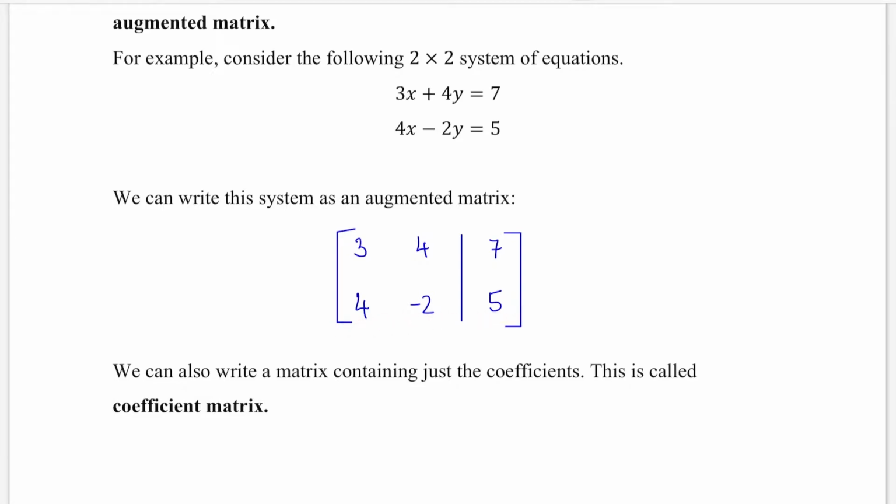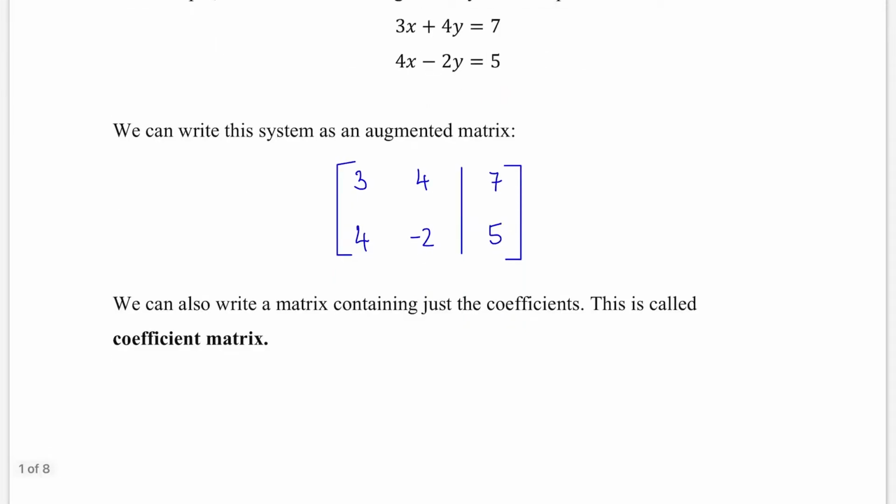So in order to convert from the system of linear equations into an augmented matrix, we need to rewrite the equations in standard form. We can also create a matrix that only contains the coefficients.